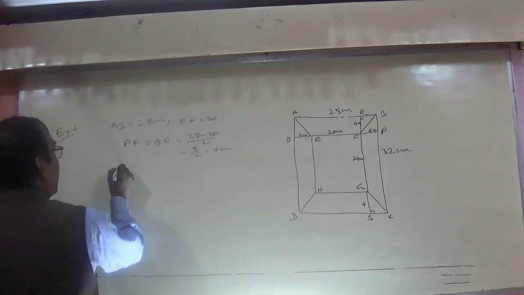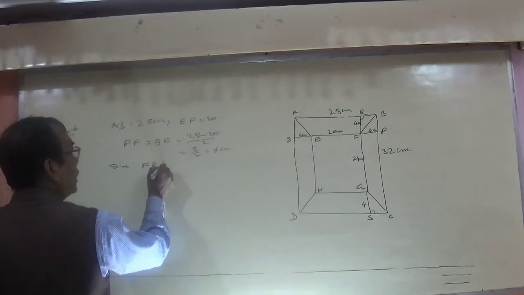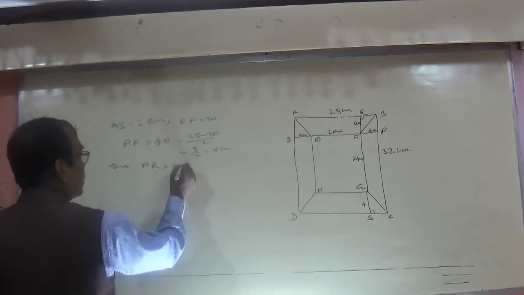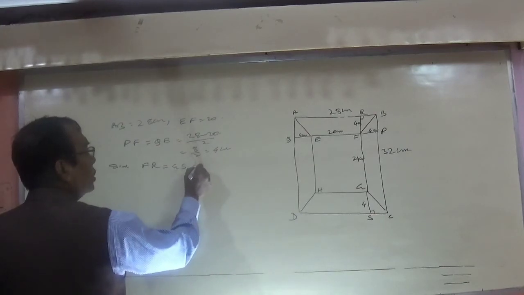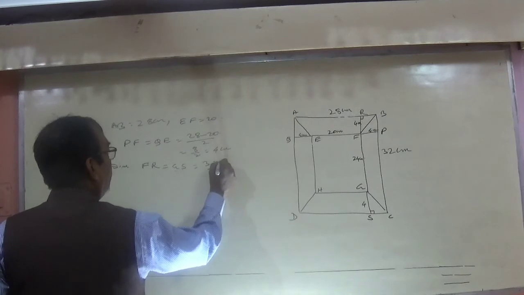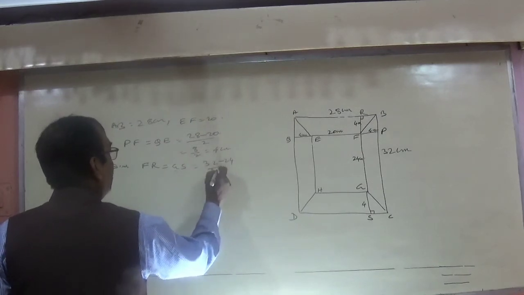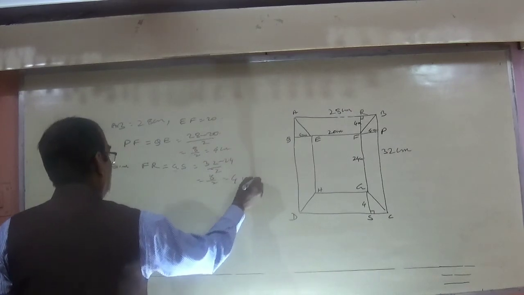Similarly, FR is equal to GS, which is equal to 32 minus 24 by 2, which is equal to 8 by 2 is equal to 4 centimeter.